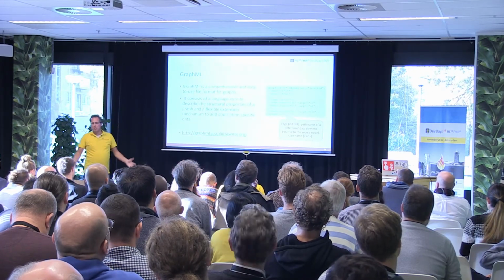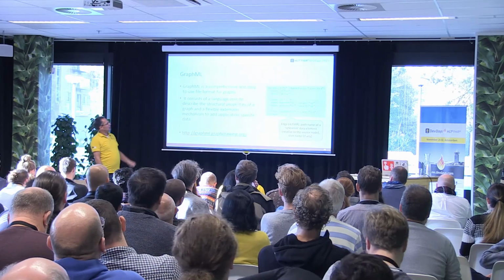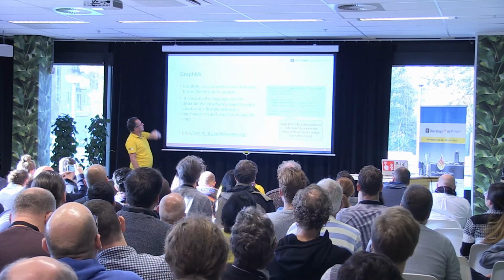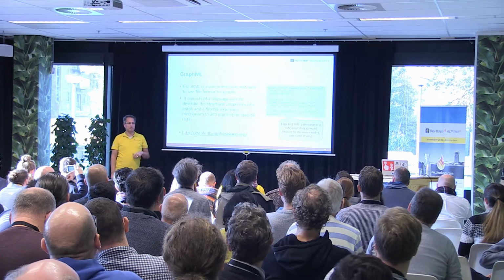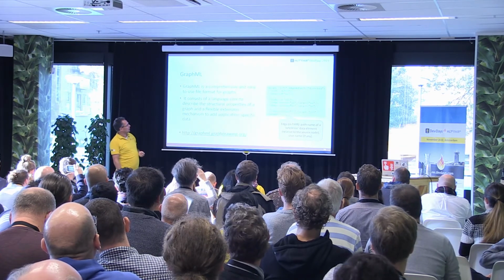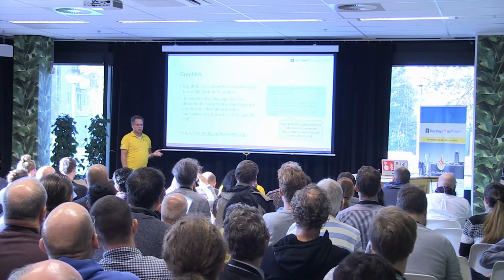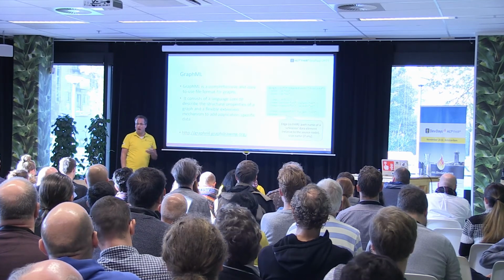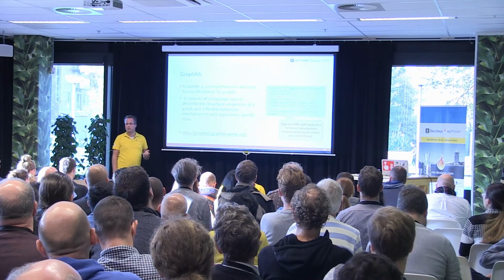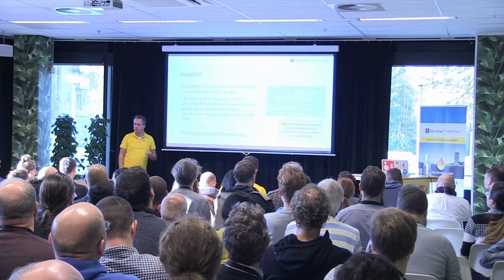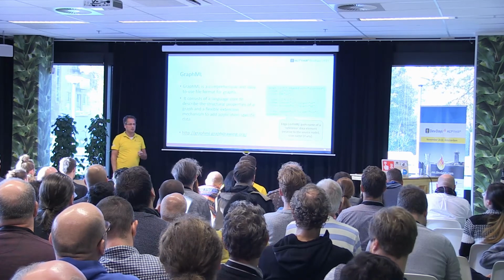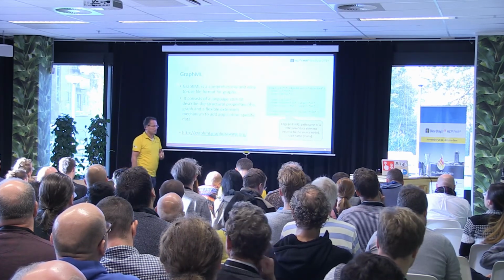Now I was looking at this graph stuff, and then you end up looking at things like GraphML, graph modeling language, I guess what it stands for. That's a well-known standard for exchanging graphs, and it's also used in science and lots of tools, and you can transform this into an SVG vector image.